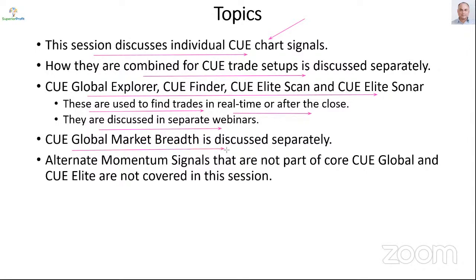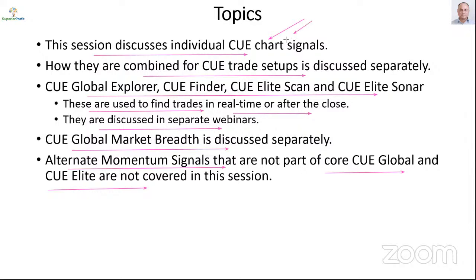Q Global Market Breadth, that is an addendum to Q Global, is not discussed in this session. And alternate momentum signals, which are the HJSI-like signals, are not part of core Q Global and Q Elite. They are not covered in this session.